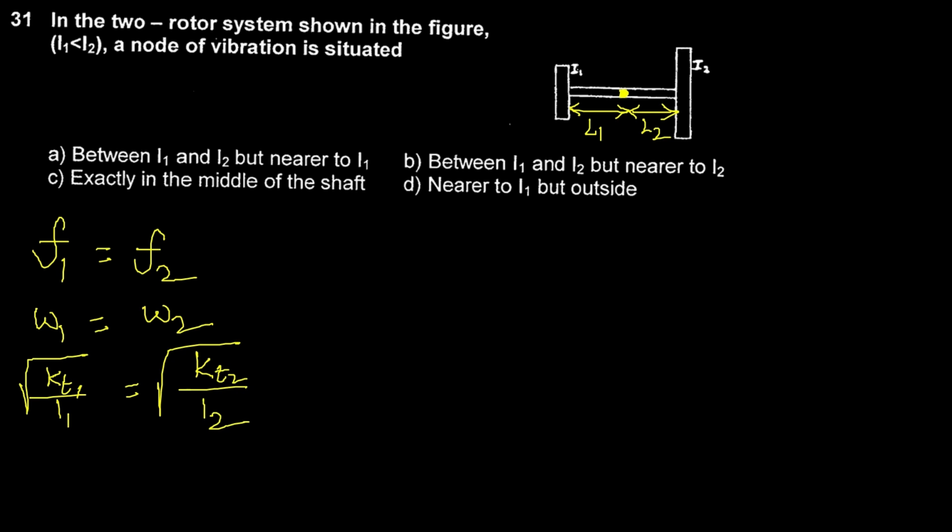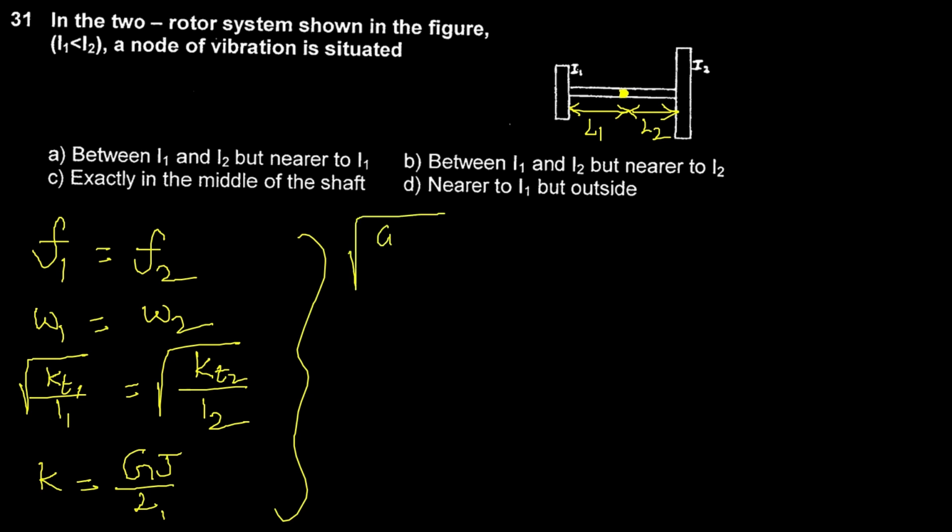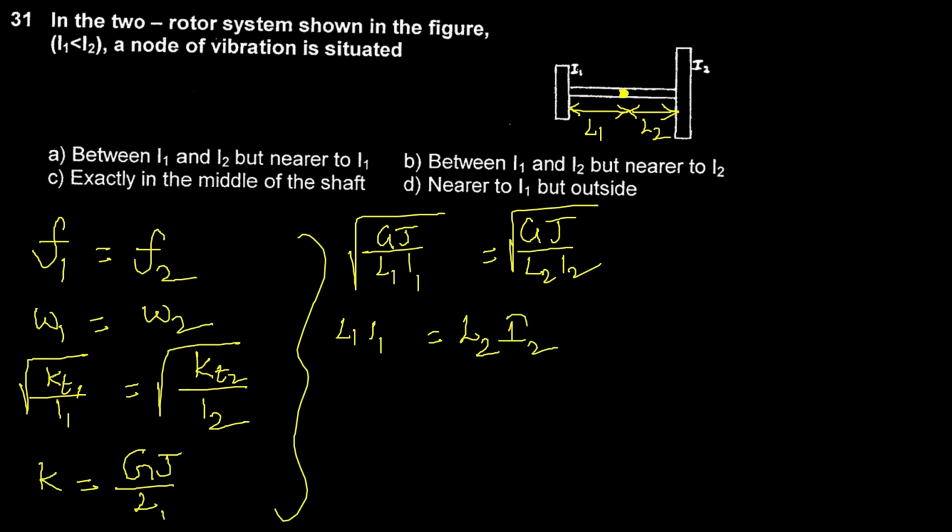Here K is torsional stiffness, which is given as GJ by L. Substituting that in the equations yields square root of GJ by L1 I1 equals square root of GJ by L2 I2, which yields L1 I1 equals L2 I2. Now, L1 by L2 equals I2 by I1, so L1 equals I2 by I1 times L2.